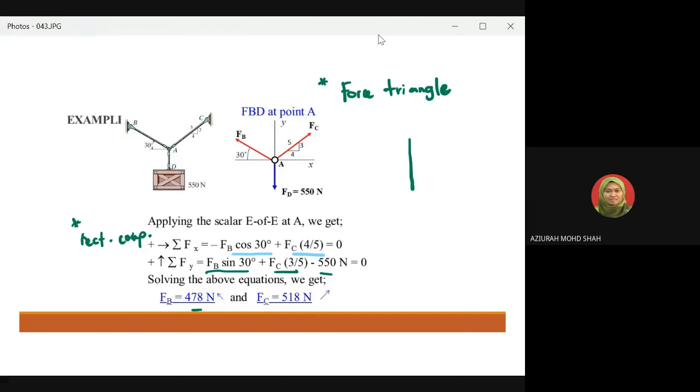So the easiest way is to draw the straight one. This is the FD. Oh, dia pakai FD. Boleh. Nak pakai FD boleh. Nak pakai TAD boleh. Nak pakai W pun boleh. Similar. We have discussed earlier why we can say we use W. Okay, this is 550 Newton. Then, where should we continue? Nak sambung dengan FC ataupun nak sambung dengan FB?